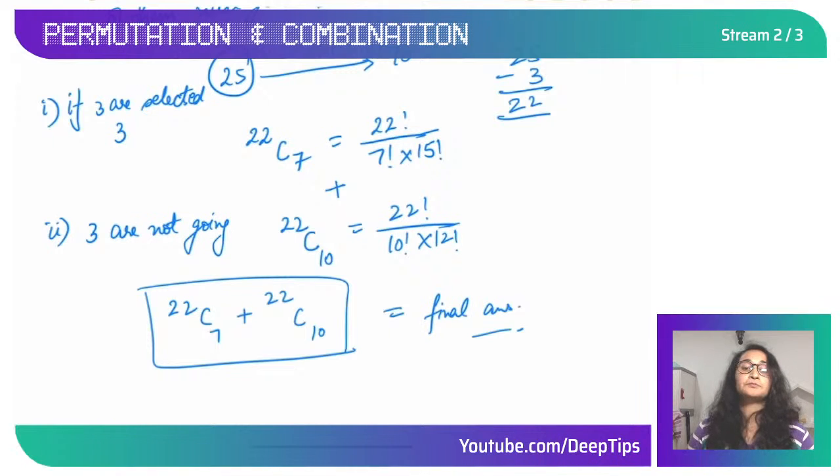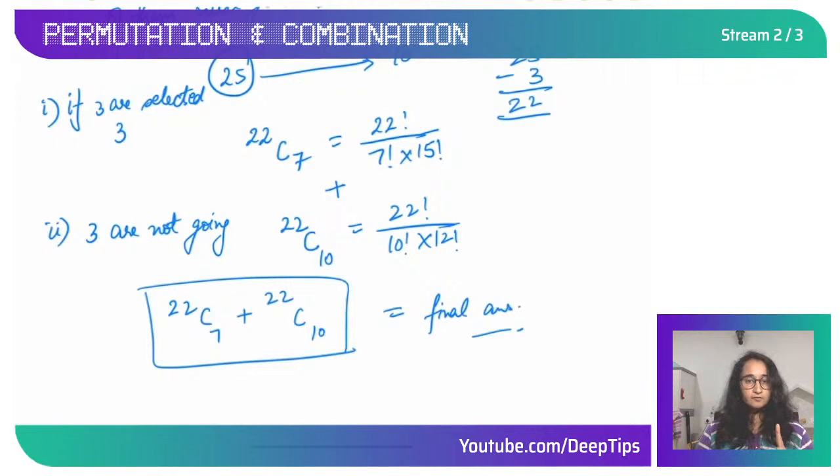So children, I am done with today's questions. I hope you understood the concept of combination, and if you are watching my video for the first time, you can watch stream 1 that is based on permutation, so that you can summarize the whole chapter, permutation and combination, and be ready for the exam, because mostly these kinds of questions are asked in school exams or competitive exams.